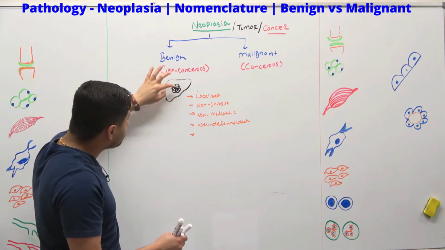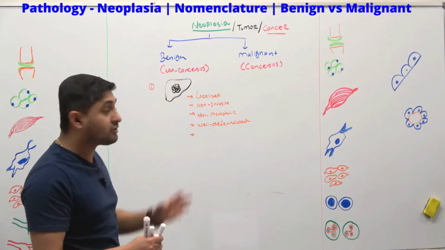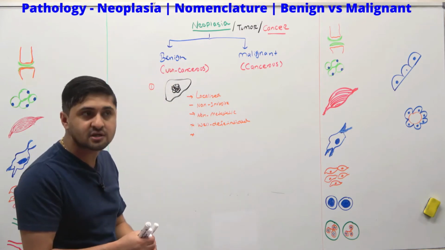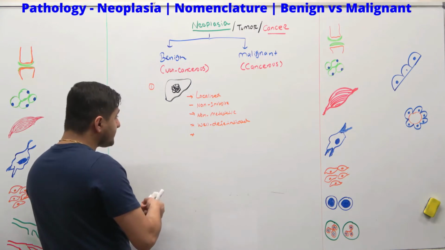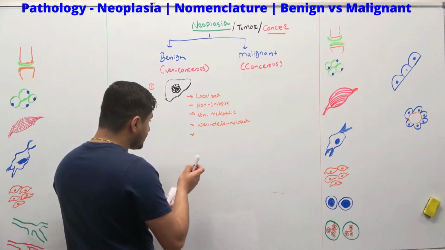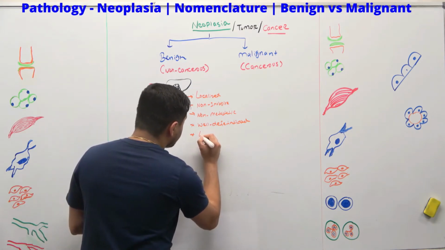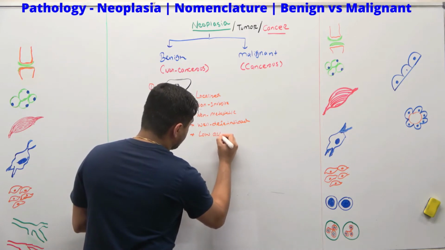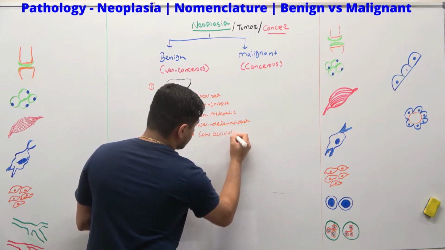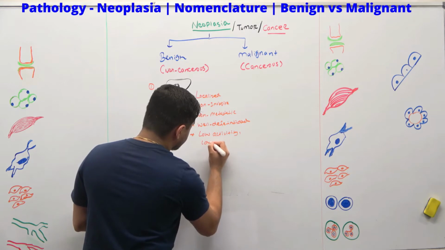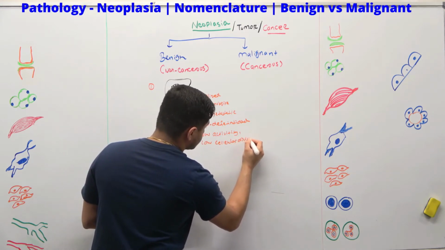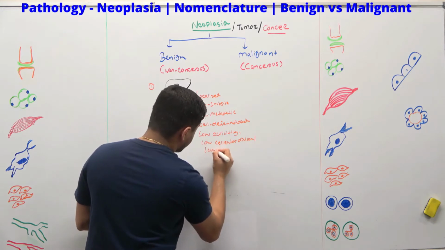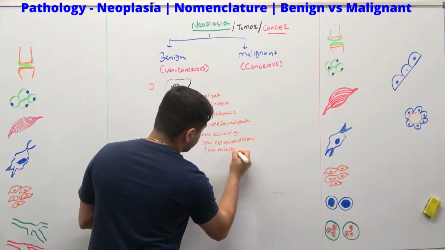And if you look at the mitotic activity, or the cellular divisions of the cells, you'd find relatively less. So there is low activity, or lower cellular divisions, or simply low mitotic activity.